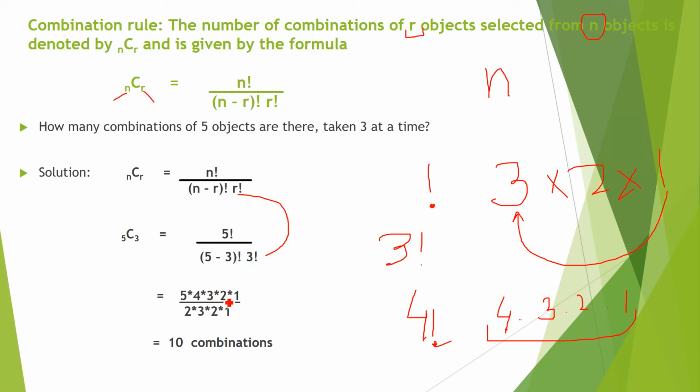So 3 factorial cancels with the same thing in the numerator. 5 minus 3 is 2 factorial, and I have put only 2, because 2 factorial means 2 multiplied by 1, which is equal to 2. If you put 2 factorial, in the next step you would write 2 times 1, which is also fine. So after simplification you get 10. So there are 10 combinations, and here we have used the formula.